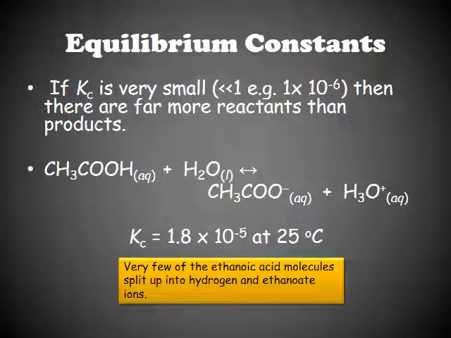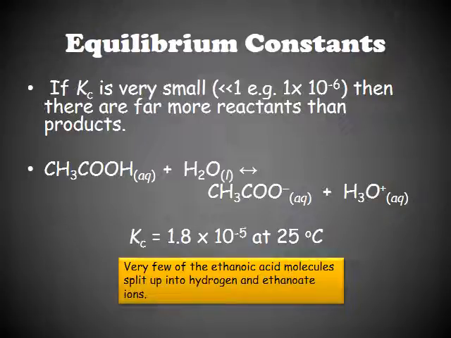The example which you actually did an equation for is ethanoic acid and water dissociating to become ethanoate and hydronium. The Kc is 1 times 10 to the negative 5 at 25 degrees Celsius.